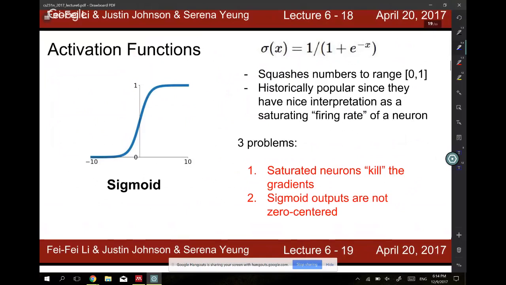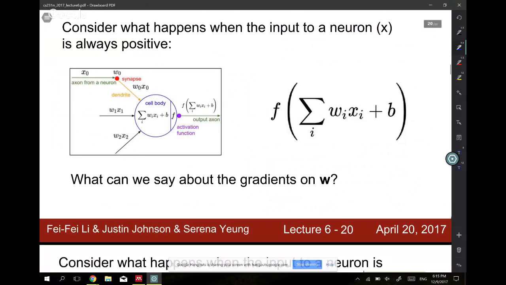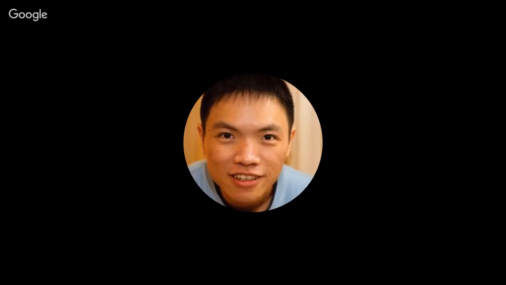The second problem is that sigmoid outputs are not zero-centered. Let's look at this function. We have the input, then we multiply by weights. What is the gradient on W?